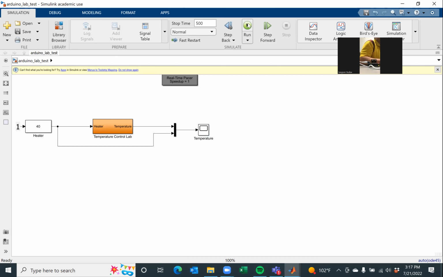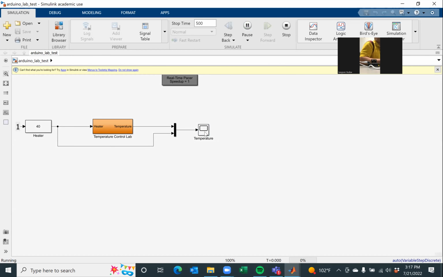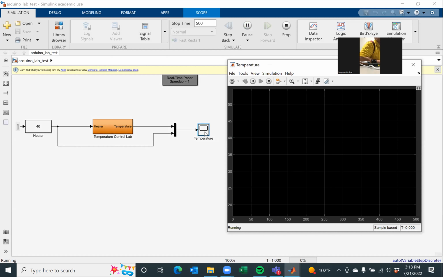And as you can see, if you run this, can someone tell me, is this an open loop or closed loop system? Can you see that blue line? This blue line is the set point, and this yellow line is the actual temperature.